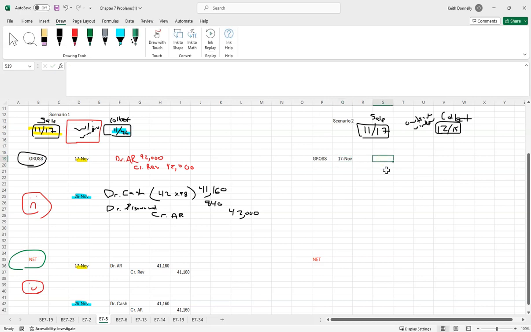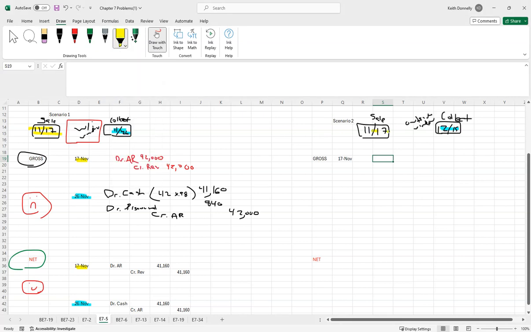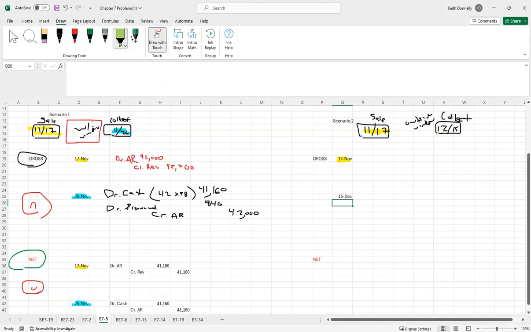That one I'll make blue. This one I'll make yellow. And then we have 12/15, and maybe I'll change it from blue just to signify it's outside the window.